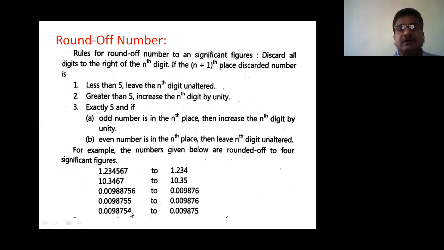This number is less than 5, and therefore the previous digit remains as it is, because if the digit is less than 5, then leave the previous digit unaltered. Okay, so all these numbers are rounded up to 4 significant figures.